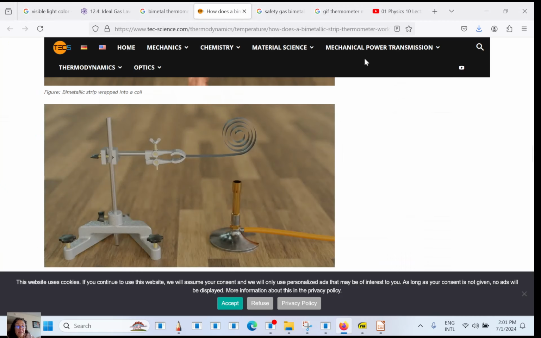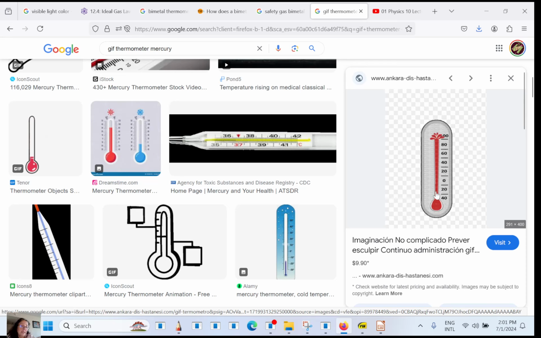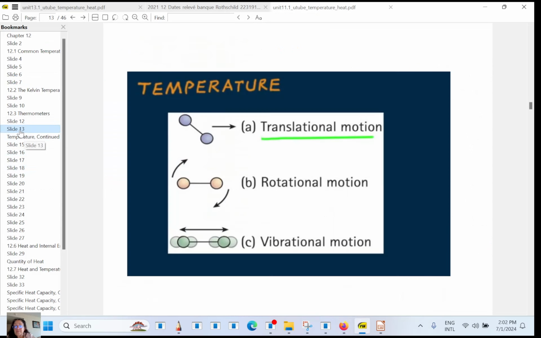Okay, so something that kids would do back then, increasing the temperature of mercury, and then the top will pop out. Not an experiment to repeat.